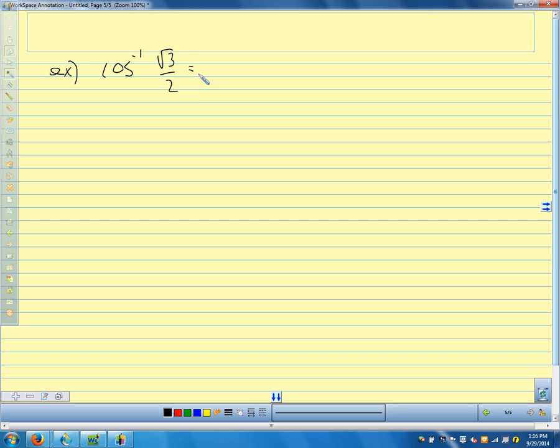So our x-coordinate is the long side of our 30, 60, 90 triangle. So what angle gives us the long side on the x-axis of square root of 3 over 2? Pi over 6. And this is because the cosine of pi over 6 is the square root of 3 over 2.